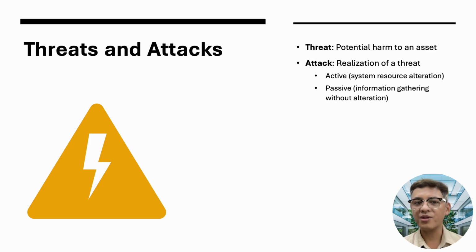Eavesdropping on network traffic or quietly monitoring confidential communications are classic examples. Understanding the distinction between threats and attacks helps us determine the best defensive strategies, whether to actively defend against direct disruptions or safeguard information from subtle unauthorized access.